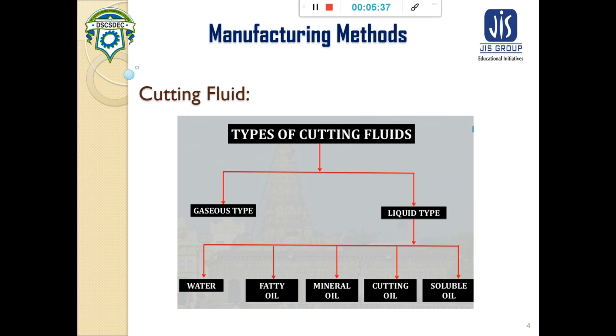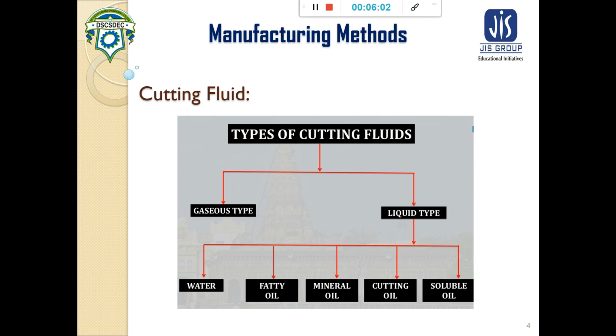So in liquid form, one of the greatest cutting fluids is water, next fatty oil, next mineral oil, cutting oil, and soluble oil. So these are all the cutting fluid materials: water, fatty oil, mineral oil, cutting oil, and soluble oil.